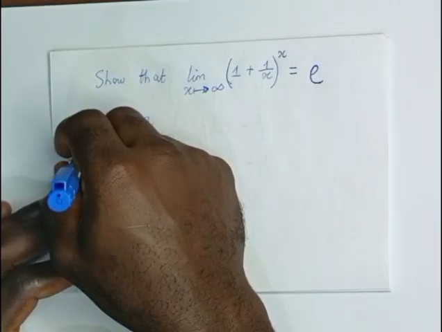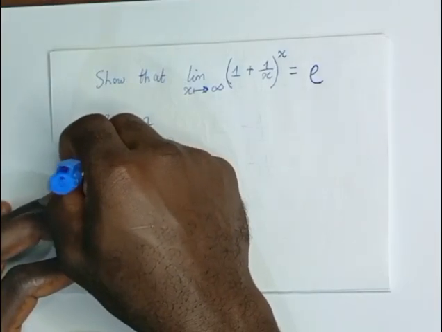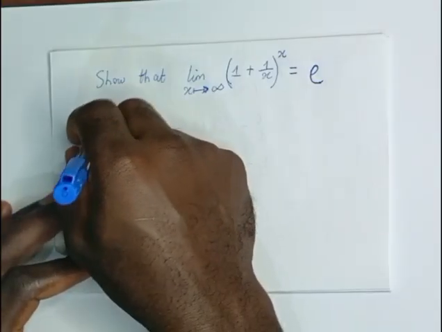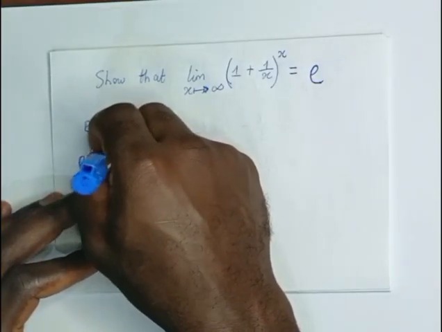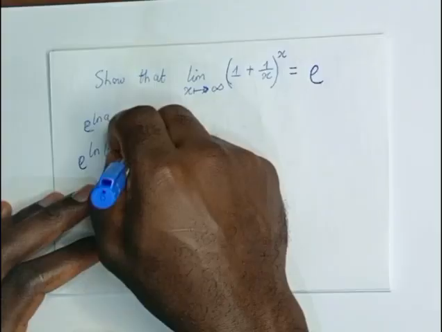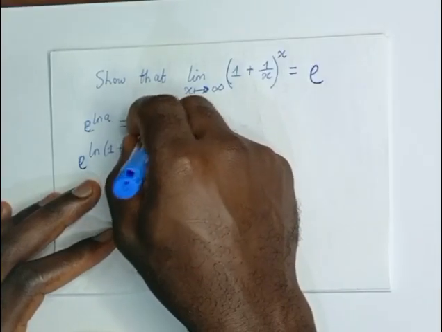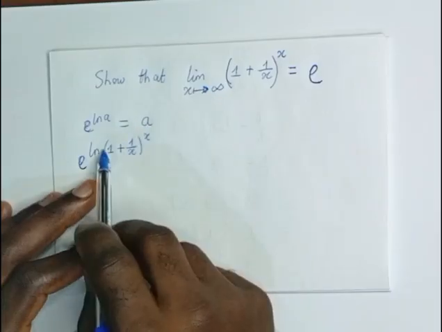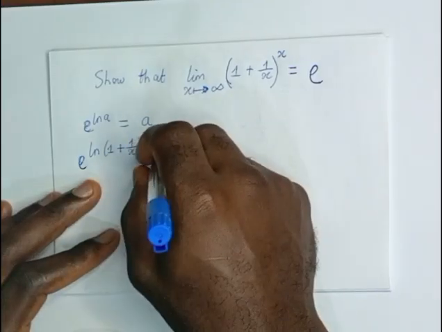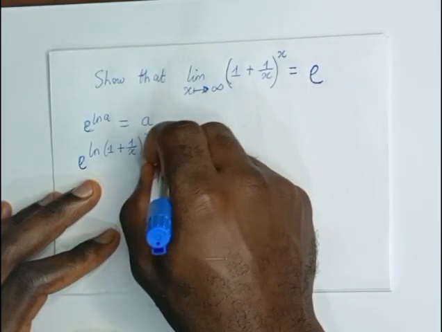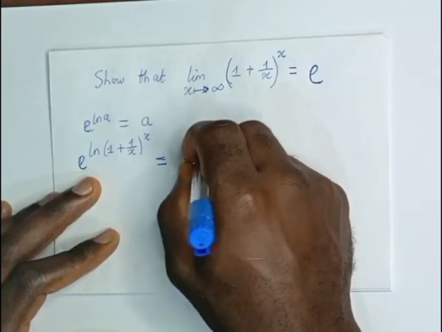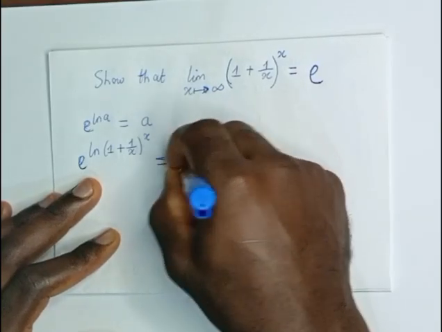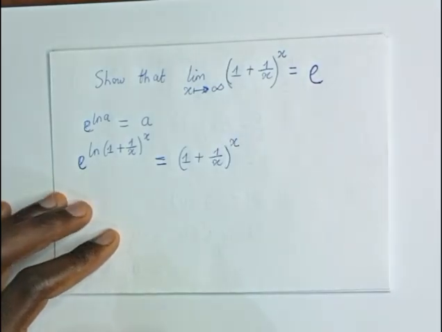If we take e raised to the power ln(1 + 1/x), all this raised to the power x, applying this formula, it will simply be equal to (1 + 1/x)^x.